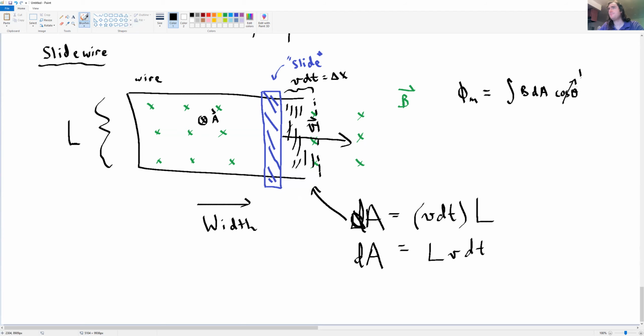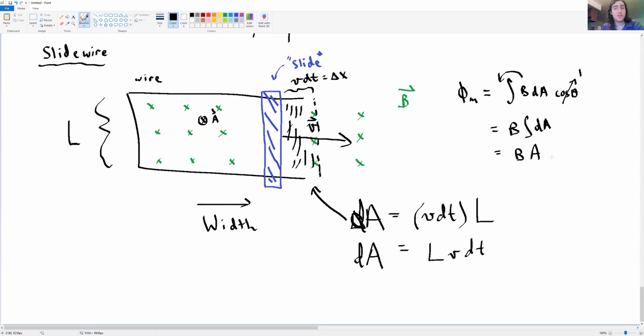Cos theta is 1 because the area vector and the magnetic field vector are in the same direction, drawn in the figure here on the left. Magnetic field is constant with respect to the area. So we end up with integral of dA. Now, dA, when you integrate it, is just A, the area of this thing. So this is simply B times A, where A could be length times width.